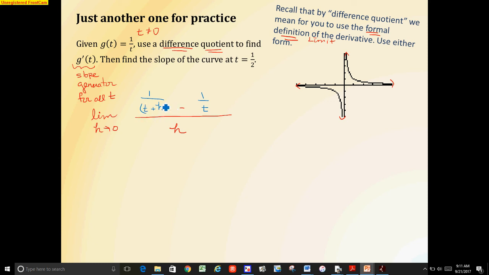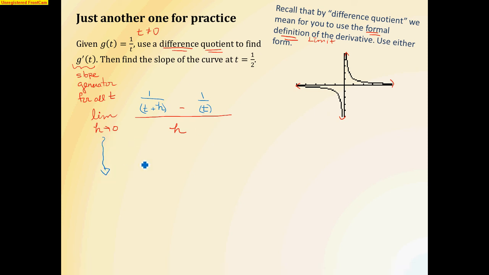My common denominator is t plus h times t, which means I'm going to have t minus t plus h all over t plus h times t, all divided by h, but remember I prefer to write that as times 1 over h.